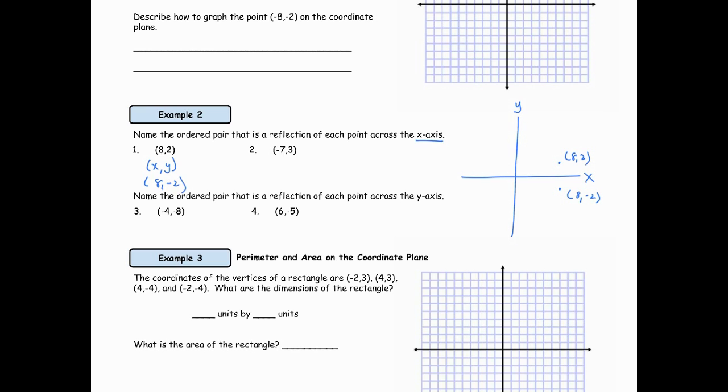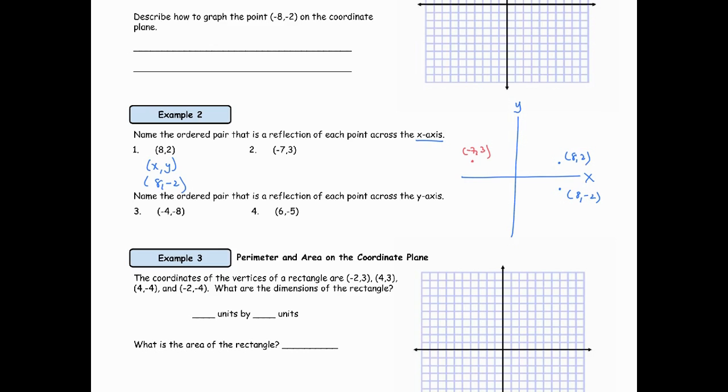Continuing to number 2, negative 7, 3 means you start at the origin, you go left 7, and then up 3. That's negative 7, 3. Again, if we're going to cross the x-axis here, we need to count 1, 2, 3 units down to our x-axis, and then go 3 more.